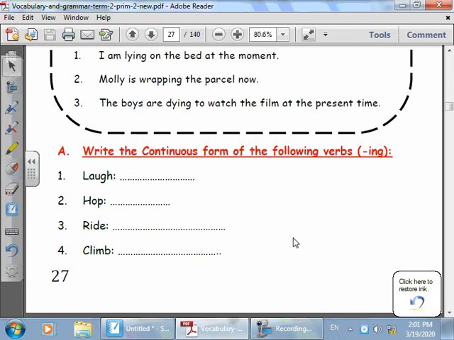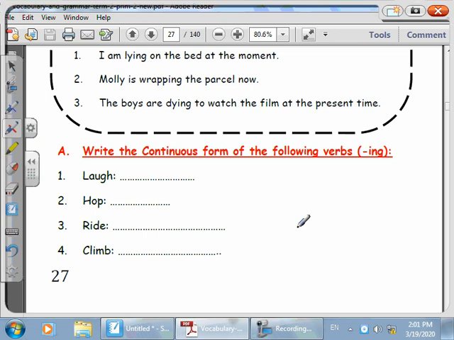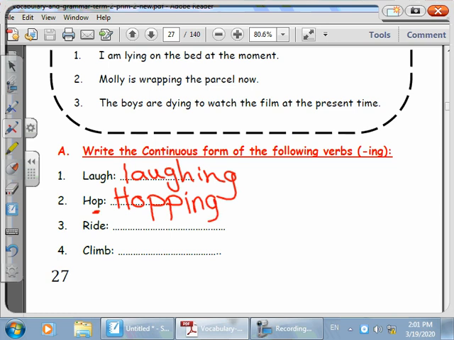Very good. Okay, write the continuous form of the following verbs, which means add the ing. Laugh, it will be laughing. Okay. Hop, uh-oh, be careful. This is a vowel, so it will be hopping. Yes, I doubled the last letter. Okay, ride, it ends with an E. What shall I do?